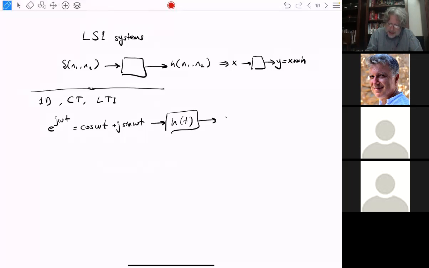It was, let's say, A sub omega, which depends on the angular frequency omega, times e to the j omega t. So later on, we called such things eigenfunctions or eigensignals of this system.